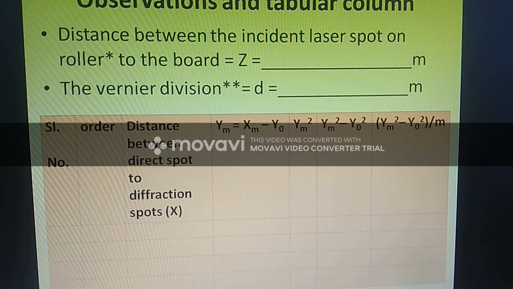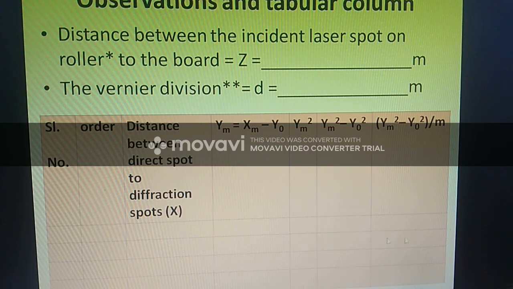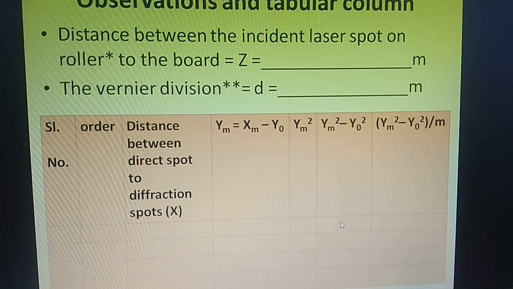Then you calculate ym square, then ym square minus y0 square, and ym square minus y0 square divided by m is the order you have to draw.